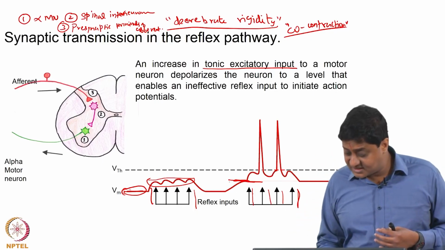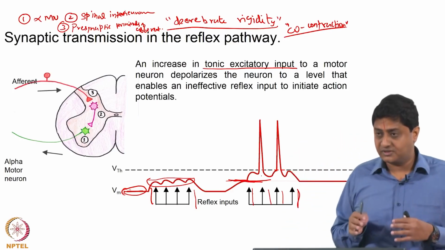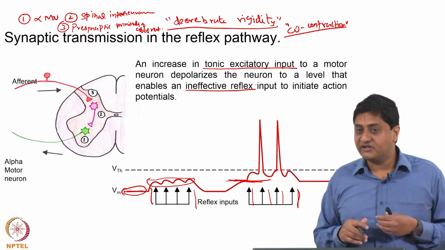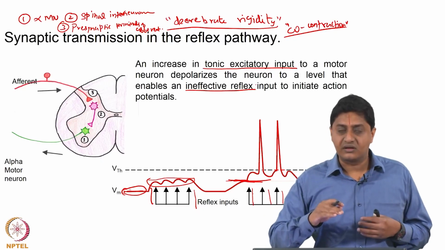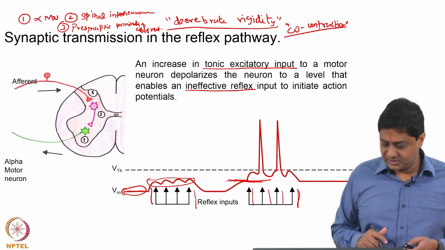This is something that the higher centers can possibly control. If the reflex response is ineffective, then we can make it effective by changing the excitatory tone that is already present in the system. So, that is one.